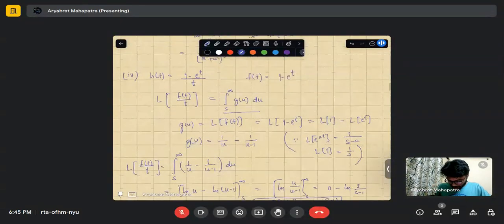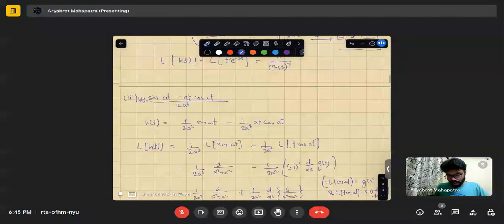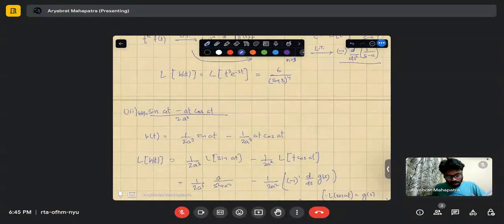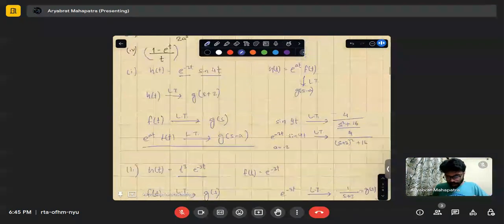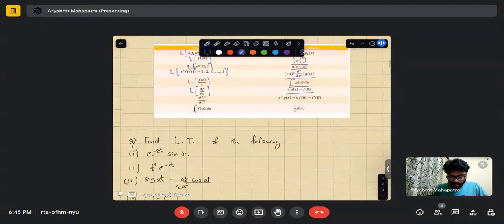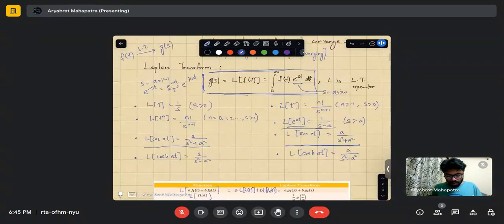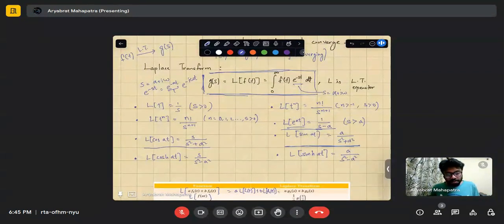So these are some ways you can calculate the Laplace transform of an arbitrary function. Using all these properties, you can eventually get the final Laplace transforms. You need not always start from the first principle, that is the definition of the Laplace transform, where you have to do this integral again and again.